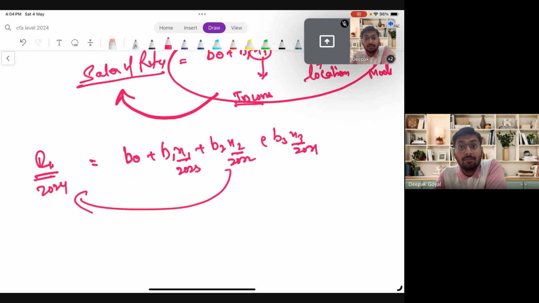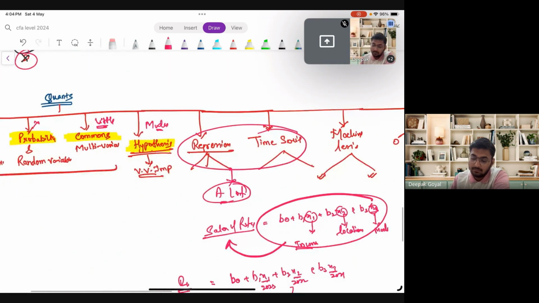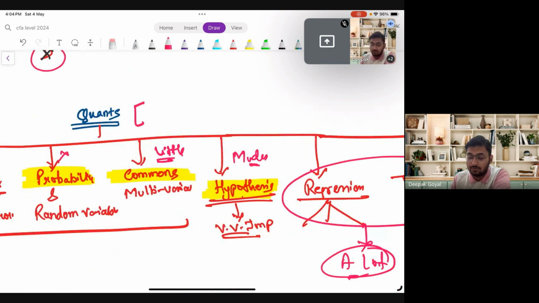Time series, understand the word time. You are going into the past and identifying what will happen in the future. So if you take the concepts practically, it will be easy for you to understand. If you take them in a theoretical manner, it will be very difficult. Got it? Now, how many questions will come in the exam from quants? 20 questions.